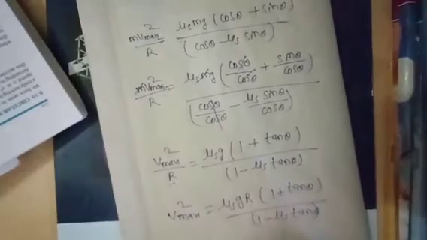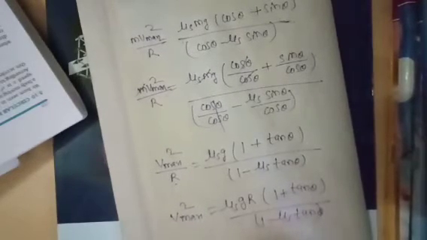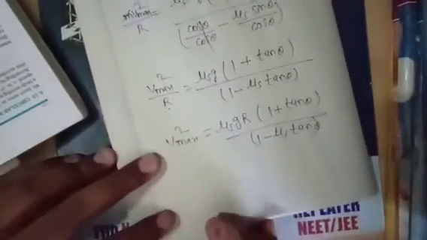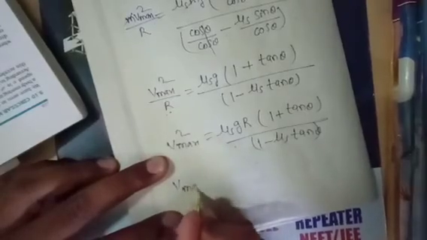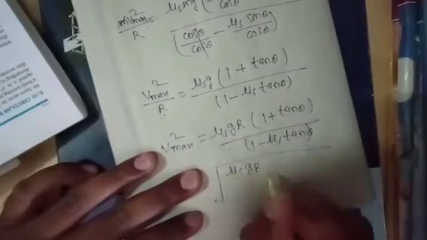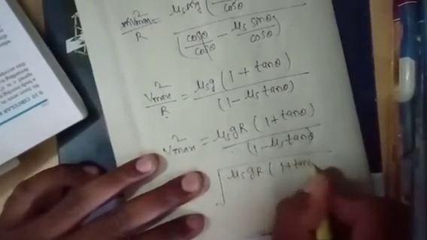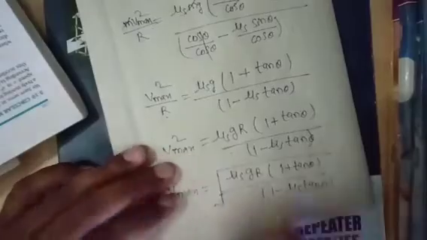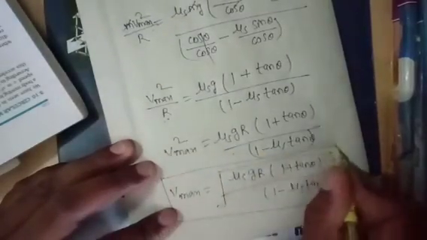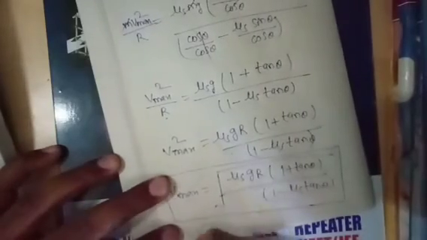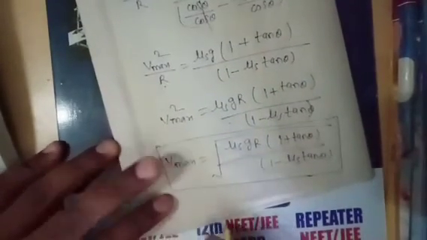Taking the square root on both sides, v maximum is equal to under root of mu s g r into 1 plus tan theta divided by 1 minus mu s into tan theta. This is the maximum speed of a vehicle when it travels on a banked road.